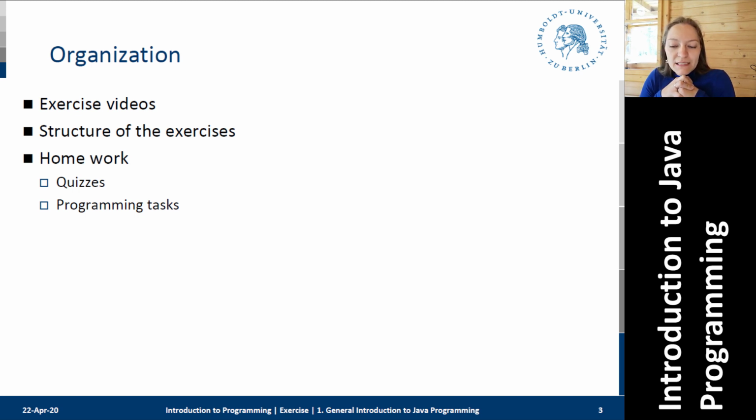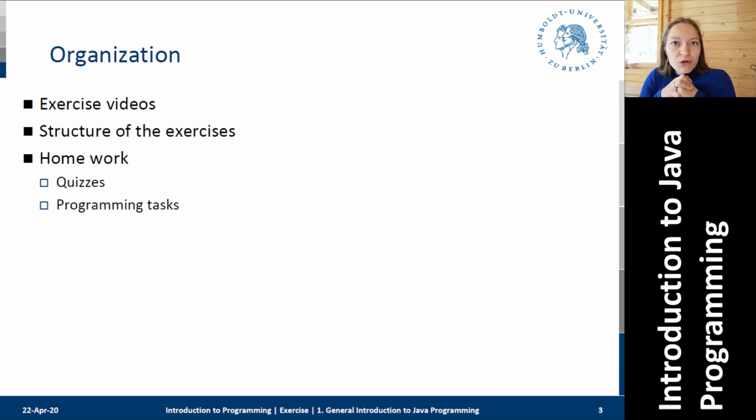The programming tasks will be similar to those tasks that we will do during our exercises, and their goal is to refresh the knowledge that you got in our exercises and to help you gain better programming skills.